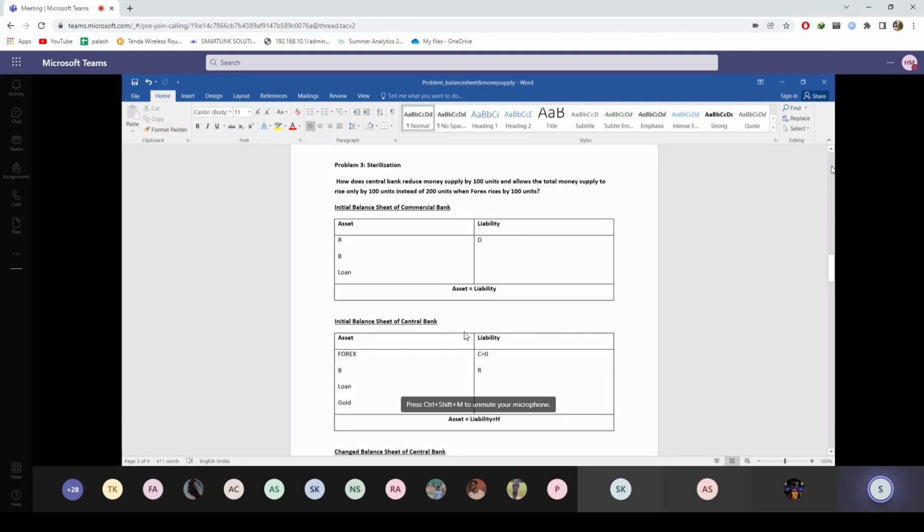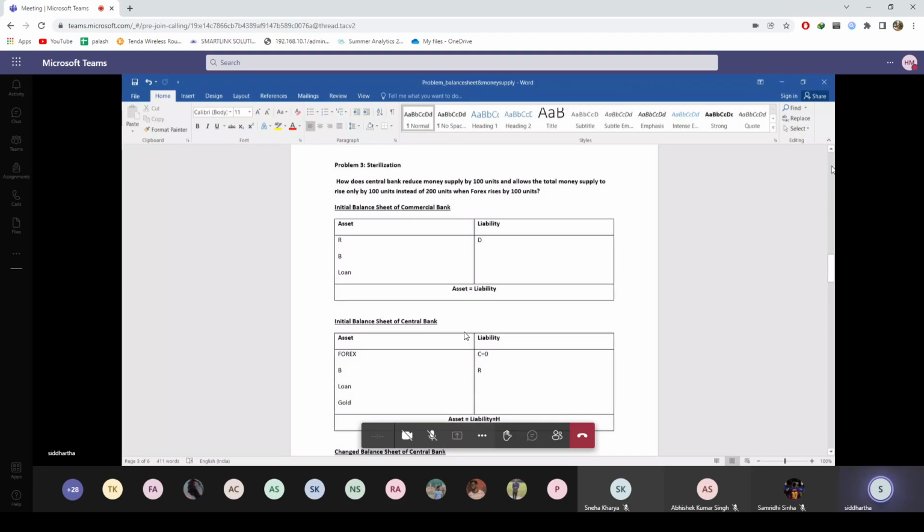It sold so many bonds to commercial banks, and the rate of rise in foreign exchange reserves was quite high, and sterilization only through bonds was not possible because the central bank did not have so many bonds to sell. As a result, the central bank had to go to other policy measures. There the required reserves policy changed: they increased required reserves so that the money multiplier goes down and the money supply goes down.